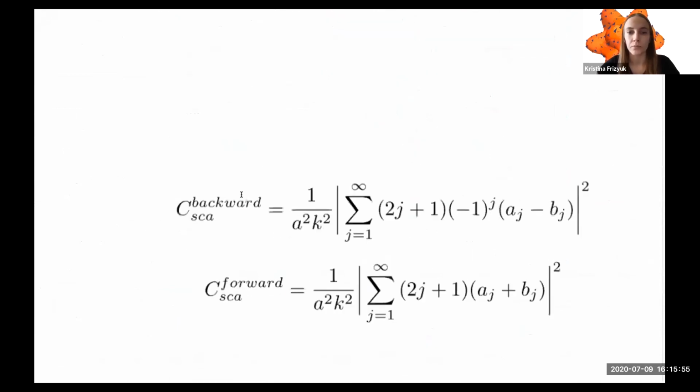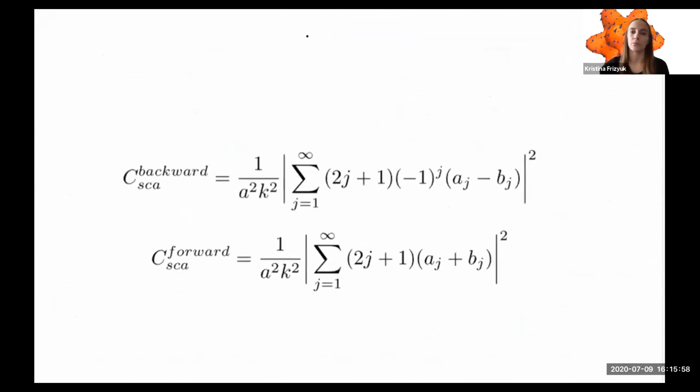The formula, just looking at what I just said, you can derive, and also find in many papers and books. It is just the scattering cross-section in backward and forward direction. And you see both of them depend on all possible multipoles. And here we say that m is always equal to 1.